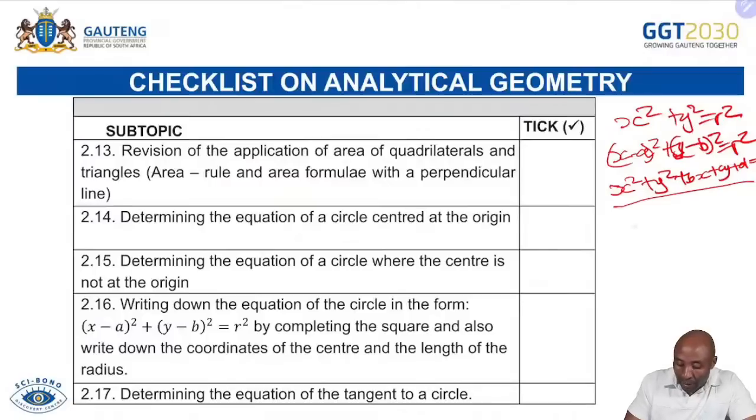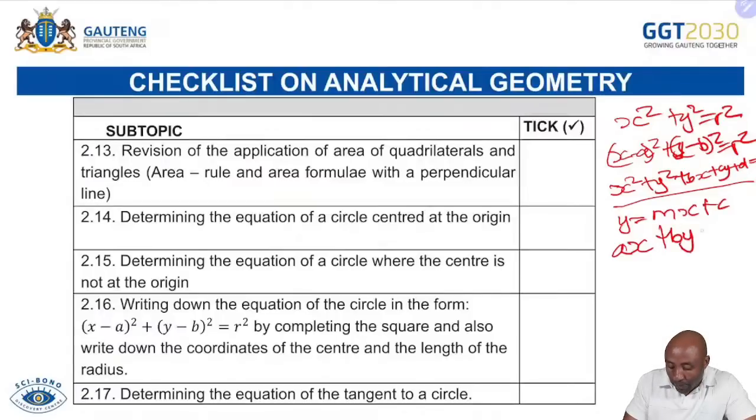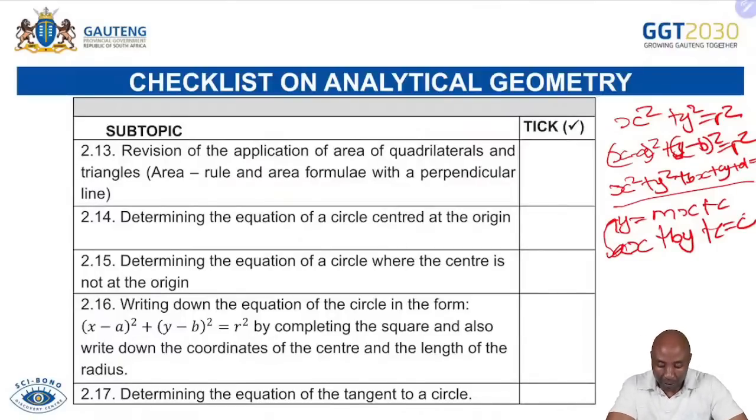Also, the equation of our straight line, we are used to writing it as y is equal to mx plus c, but sometimes you may be required to give the equation in the form ax plus by plus c equals 0. We should be able to move in between the two forms of the equation of a straight line, a circle, as well as the equation of a tangent to a circle.